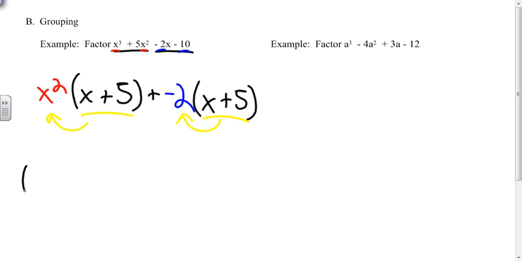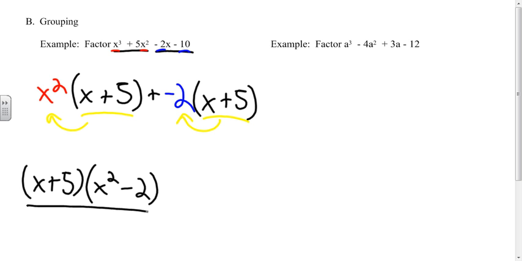Now in that case, it's kind of the same as foiling, or that distributive process. We have our x plus 5 that we're multiplying in one instance by the x squared and in one instance by the negative 2. So factoring by grouping would give us, in the end, our x plus 5 binomial times the binomial x squared minus 2.